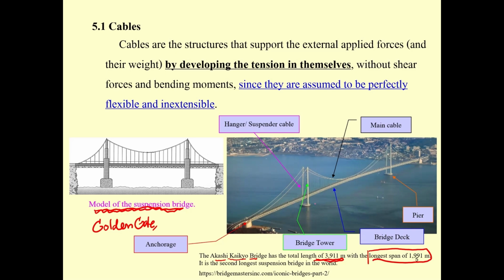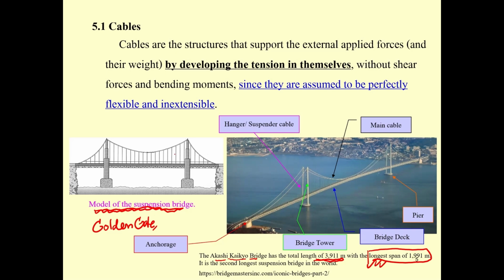This huge structure can only be made by using the suspension bridge, and the suspension bridge usually has the longest span. There is another one in Turkey. I will mention it later.